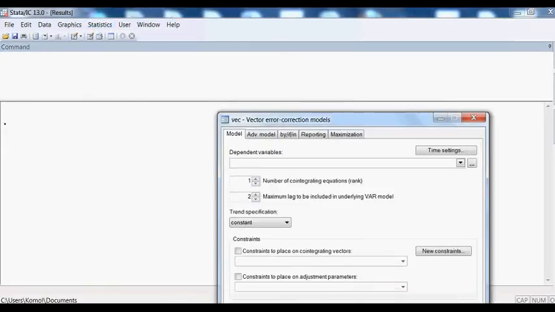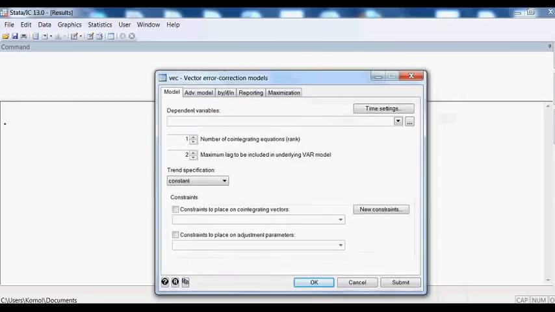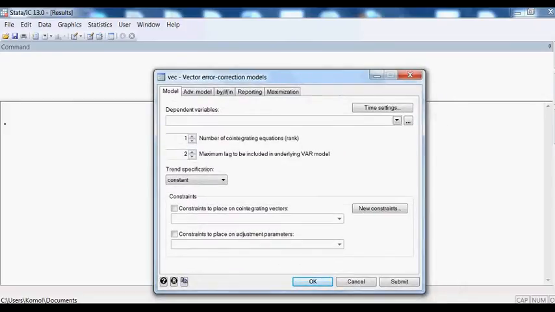And here we have one co-integrating equation that we have seen already, and maximum lag I put 3, because the lag selection criteria has advised me to take maximum lag 3.